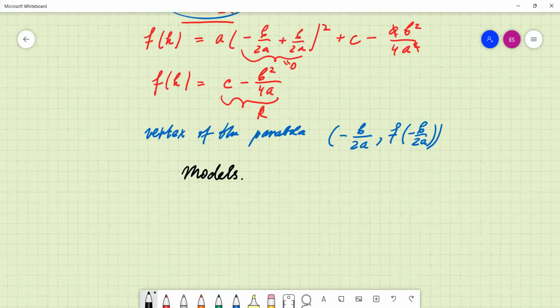What kind of models do we have? Well, quadratic functions usually help us to solve minimax problems, when you maximize or minimize something. For example, imagine that you have a river and you have a bunch of turtles and you want to make a fenced area for them.